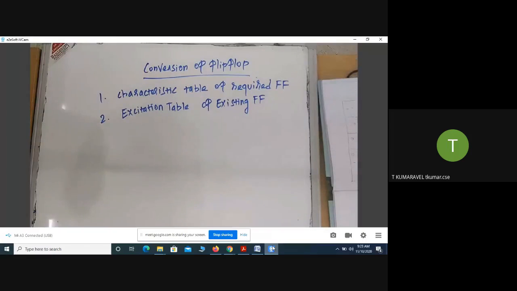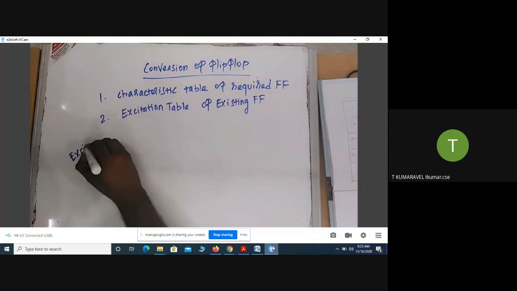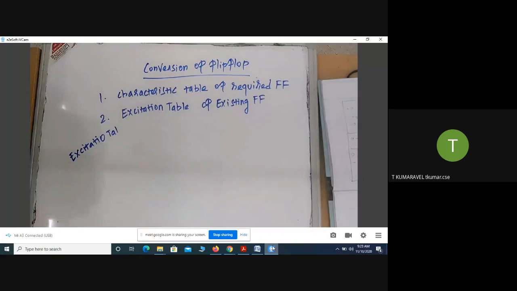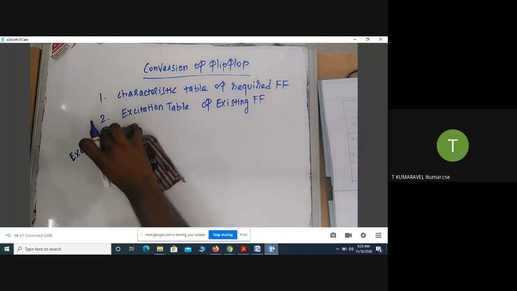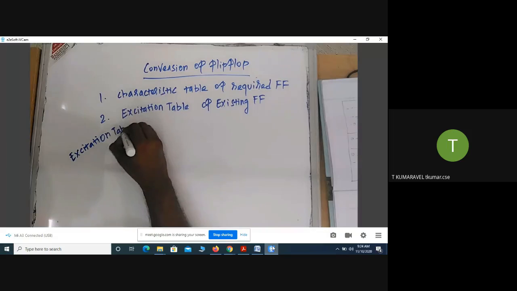Before proceeding, I will list out the excitation table of all the flip-flops. If you know that, then you can successfully do the conversion. So first I'm going to list out the excitation table of all the flip-flops. Anyone tell me, what is the excitation table?